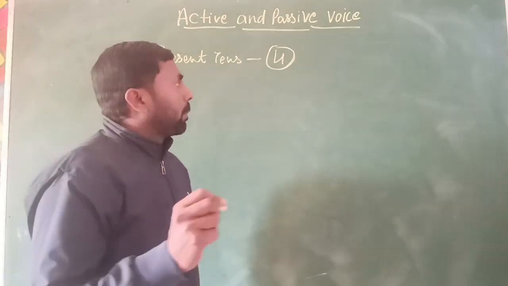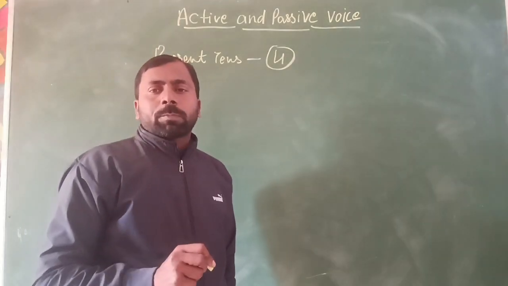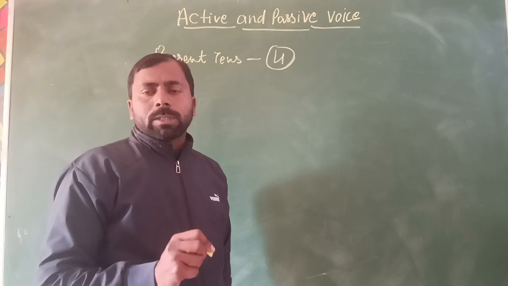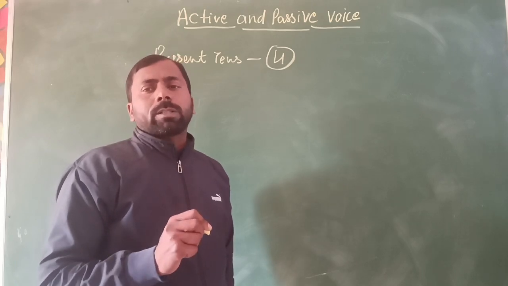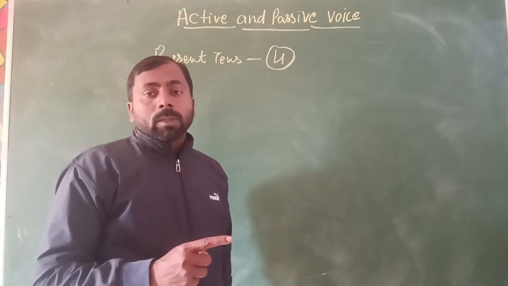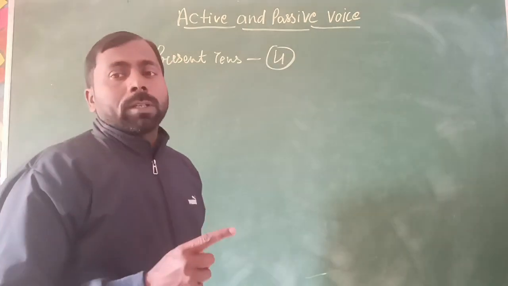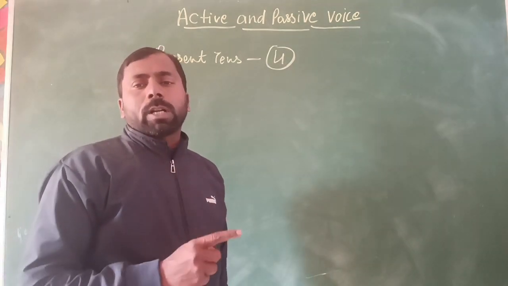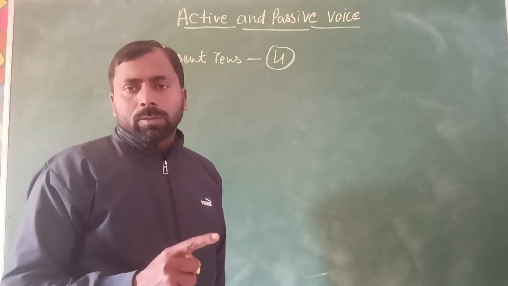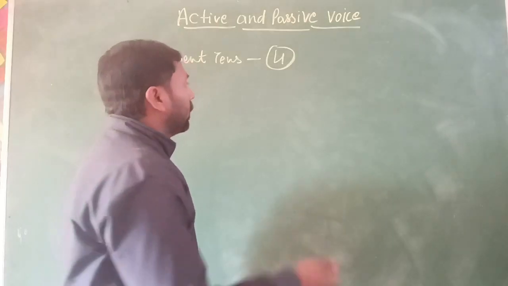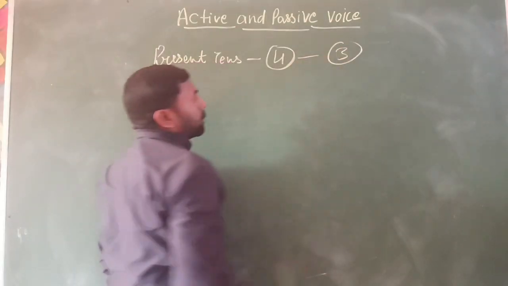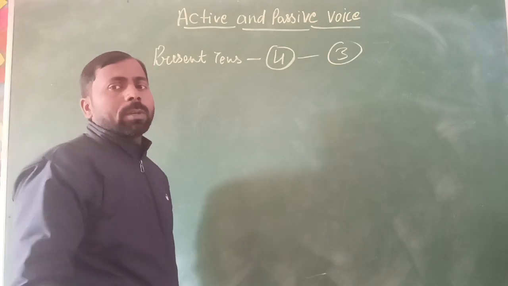The first three sub tenses of the present tense, like simple present, present continuous and present perfect tense, we can change into the passive voice. But the last one, that is the present perfect continuous tense, we cannot transform or convert into the passive voice. So it means only three sub tenses of the present tense we can change into the passive voice.